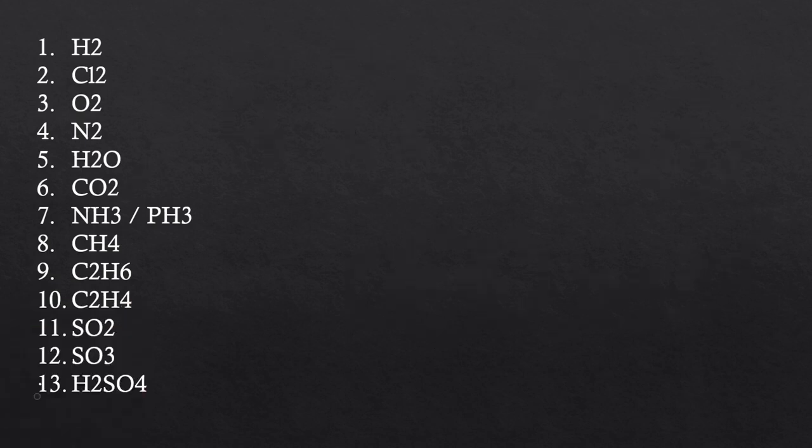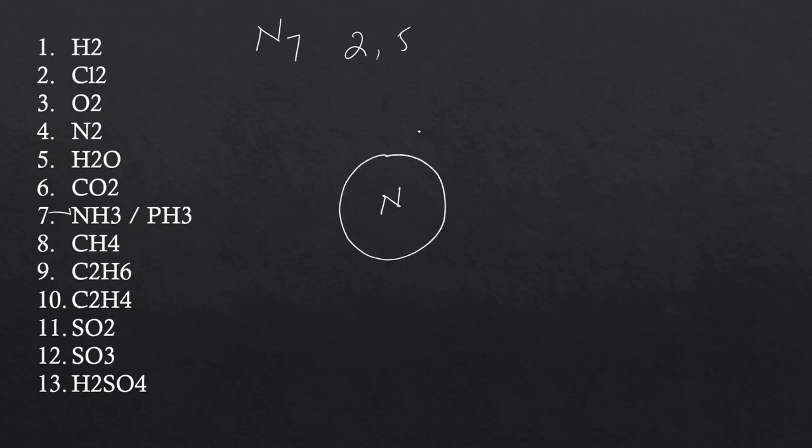So next we have the example of NH3, ammonia gas. Nitrogen is from group 5. Its atomic number is 7. 2 electrons in the first shell and 5 in the valence shell. It means you have this nitrogen, 5 electrons in the valence shell, 1, 2, 3, 4, 5.